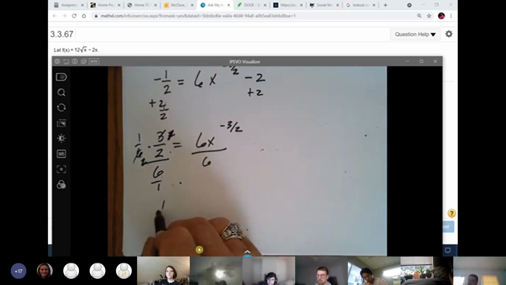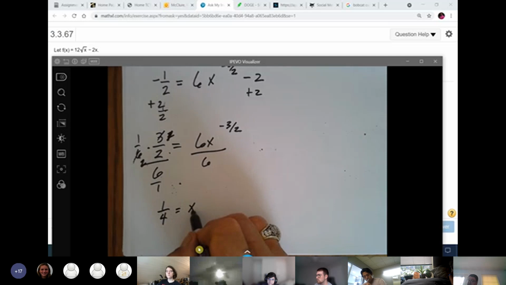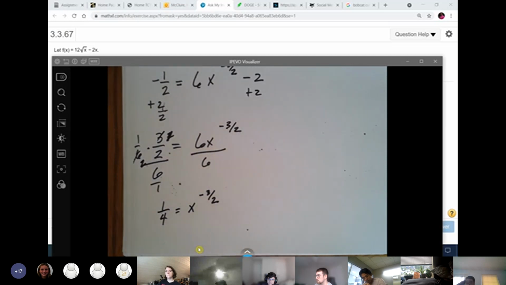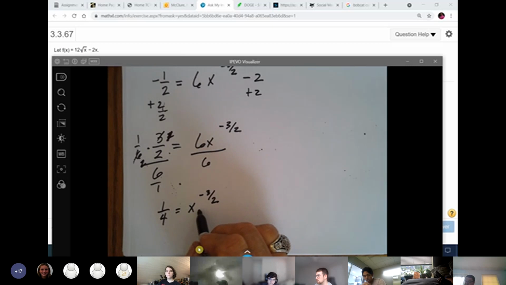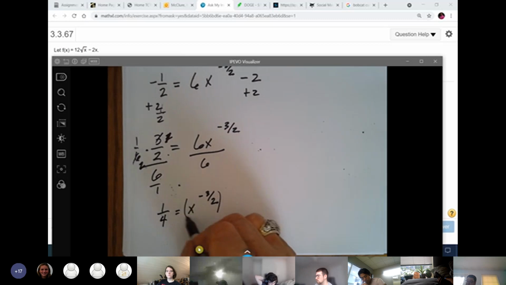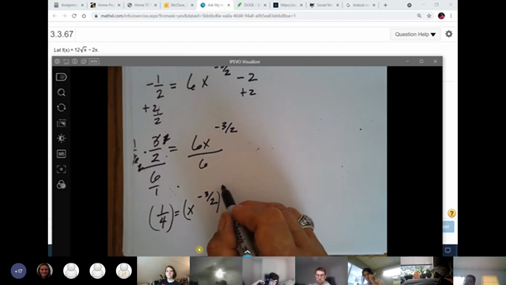I get 1/4 is equal to x to the negative 3 halves. There we go. Now I can raise both sides to the negative 2/3 power.